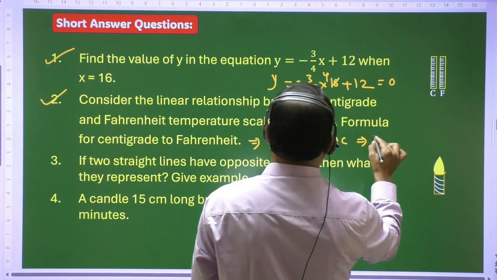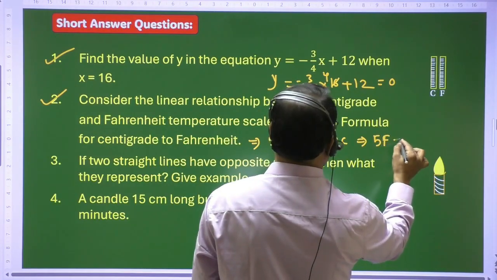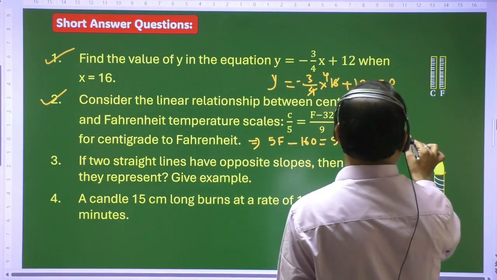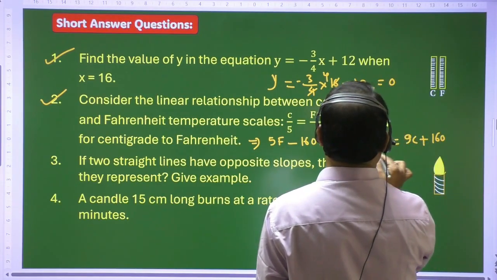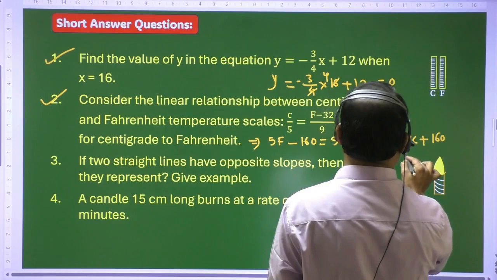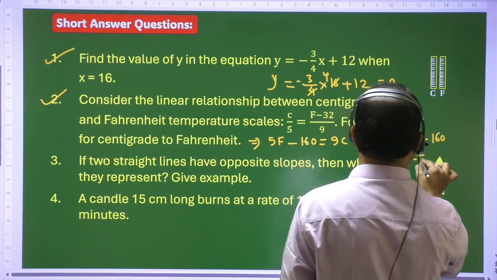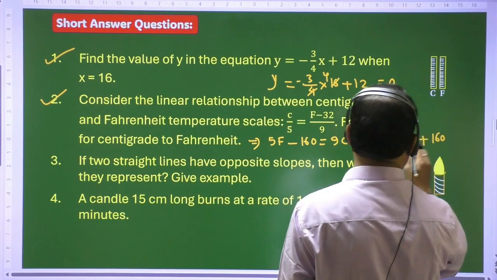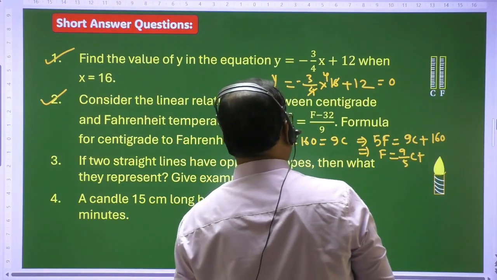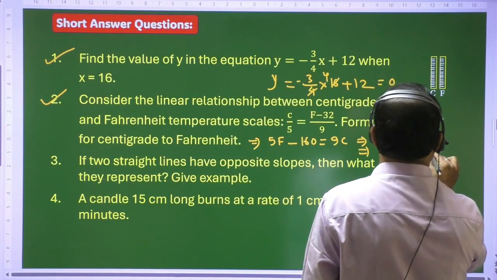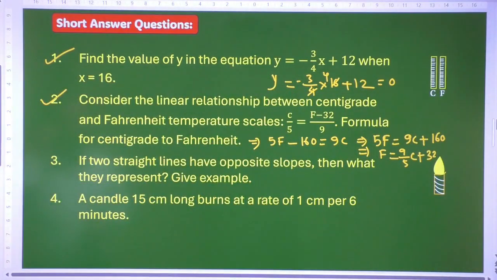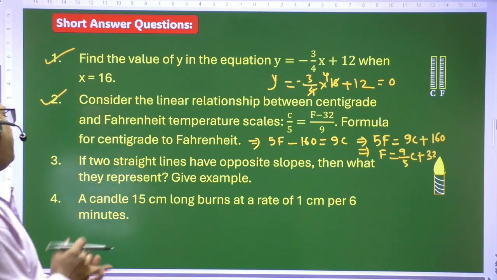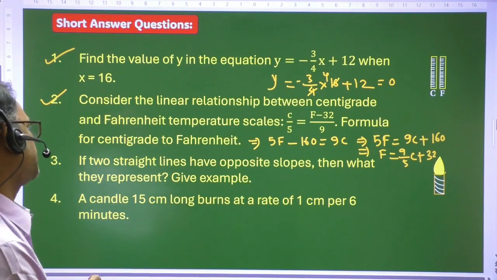Next, 5F is equal to 9 times C plus 160. Now F will be 9 by 5 multiplied by C, plus 160 by 5, which is 32. So this formula we have to utilize for converting centigrade temperature to Fahrenheit temperature.